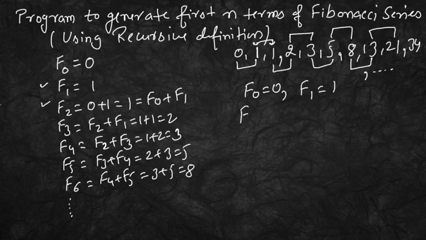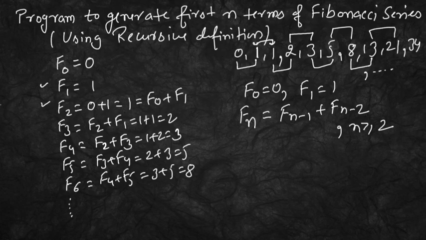If we have to define fn, then that will be the sum of its last two preceding terms, fn minus 1 plus fn minus 2, and this recursive definition is given for n greater than or equal to 2.